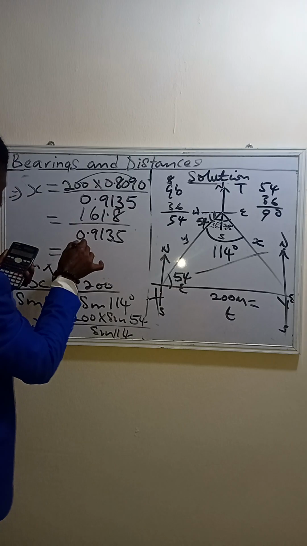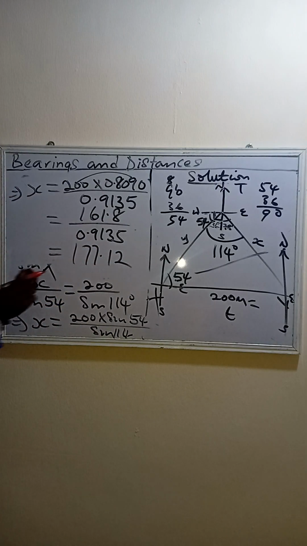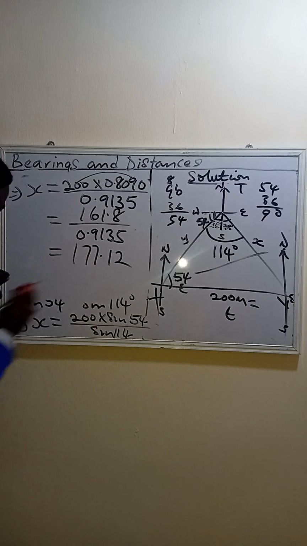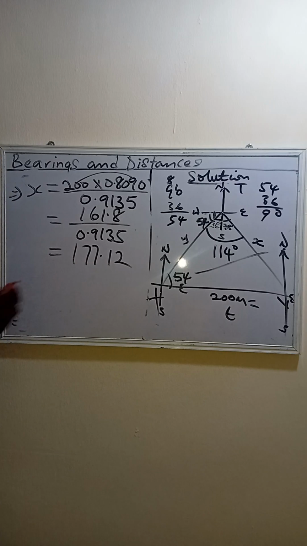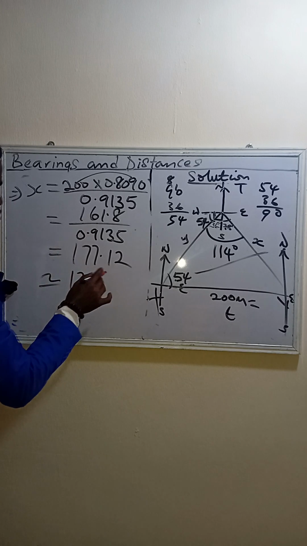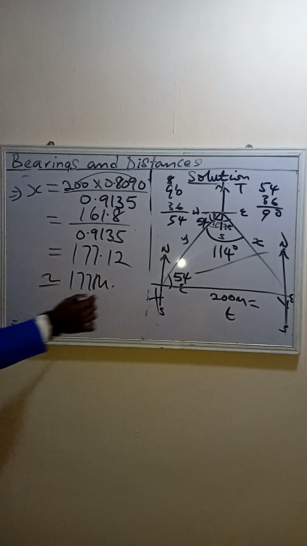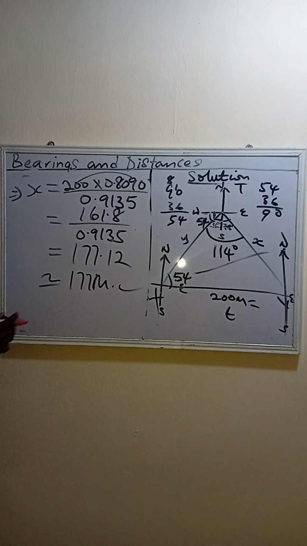We have 177.12. The question says we should leave it to the nearest kilometer, so that is 177 kilometers. That is the answer to this question.